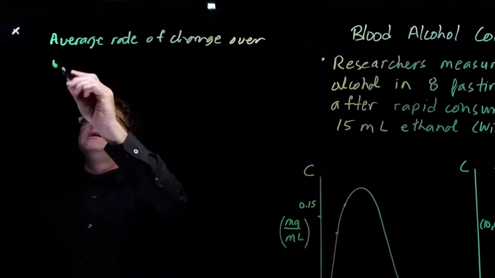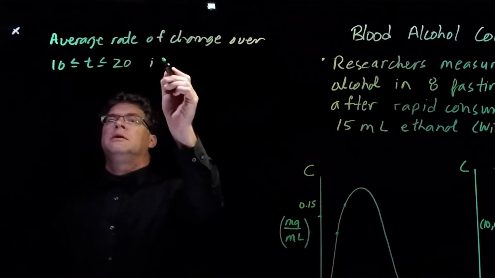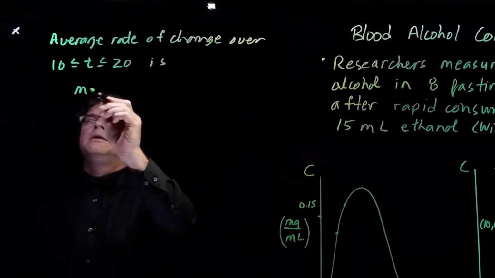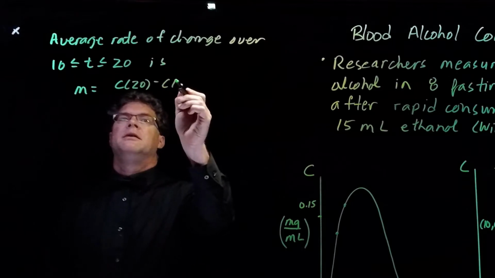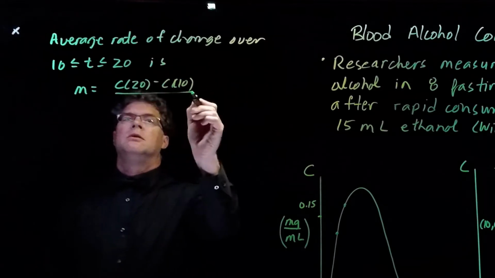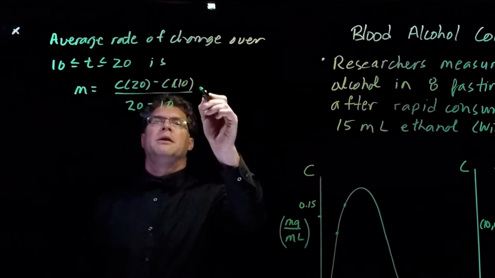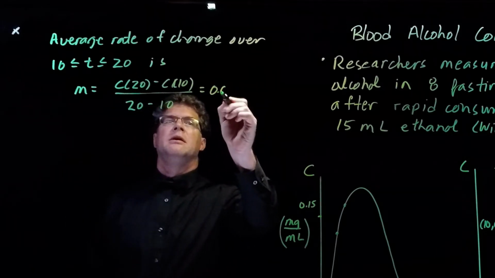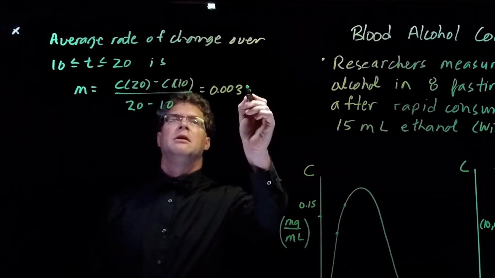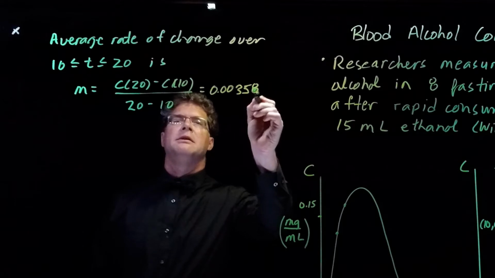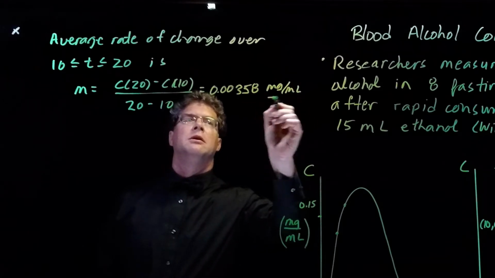And we want to go between 10 and 20: m is equal to C20 minus C10 over 20 minus 10. That would be the rise over the run. And it turns out to be, from the experiment, 0.00358 milligrams per milliliter per second.